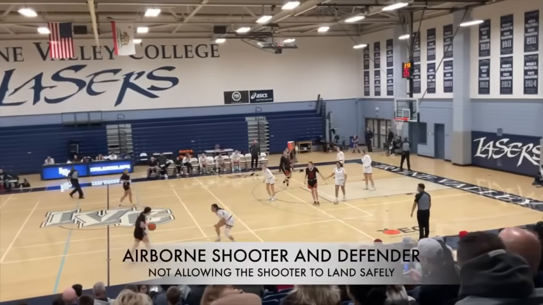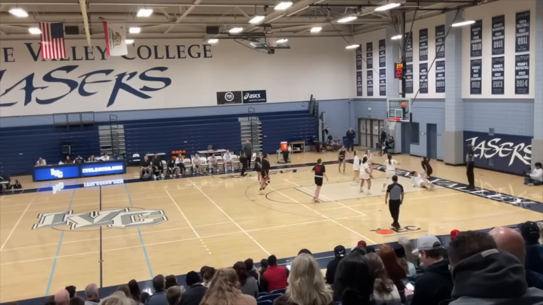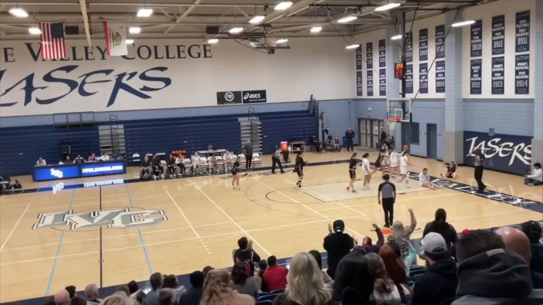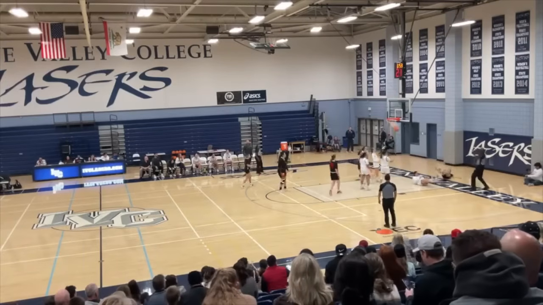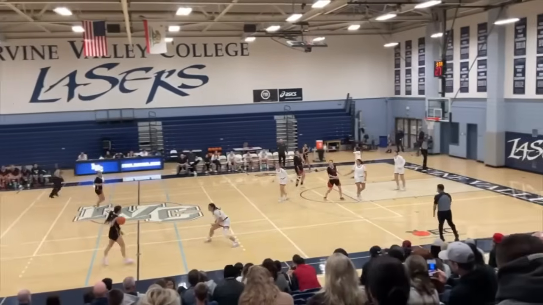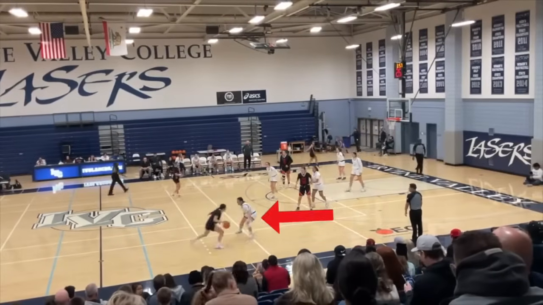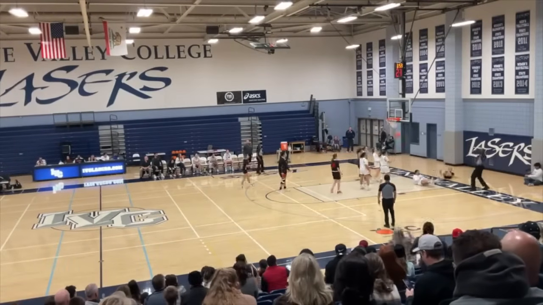When a defender is guarding an airborne offensive player, the defender must let the airborne offensive player land safely. On this play, the offensive player drives to the basket. There is a secondary defender.